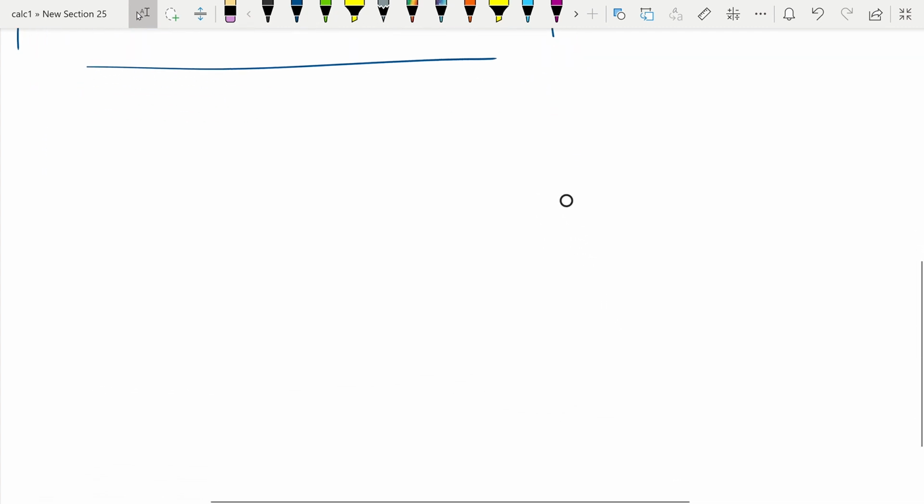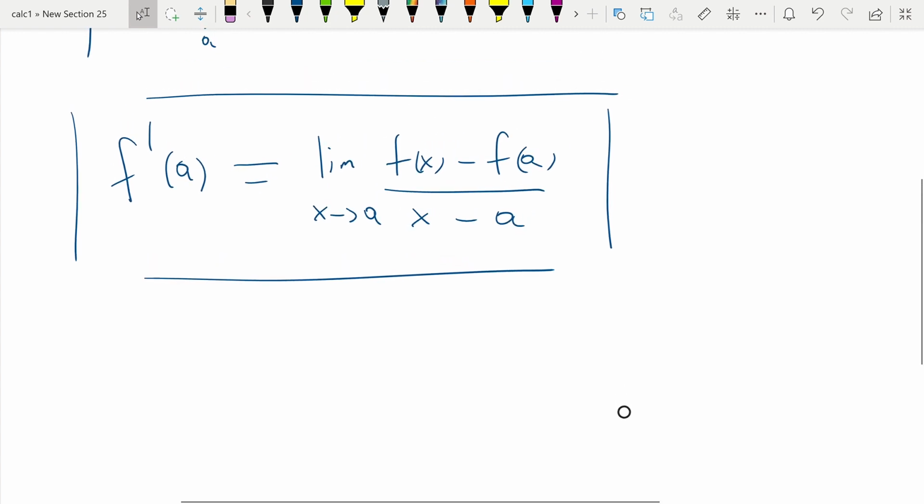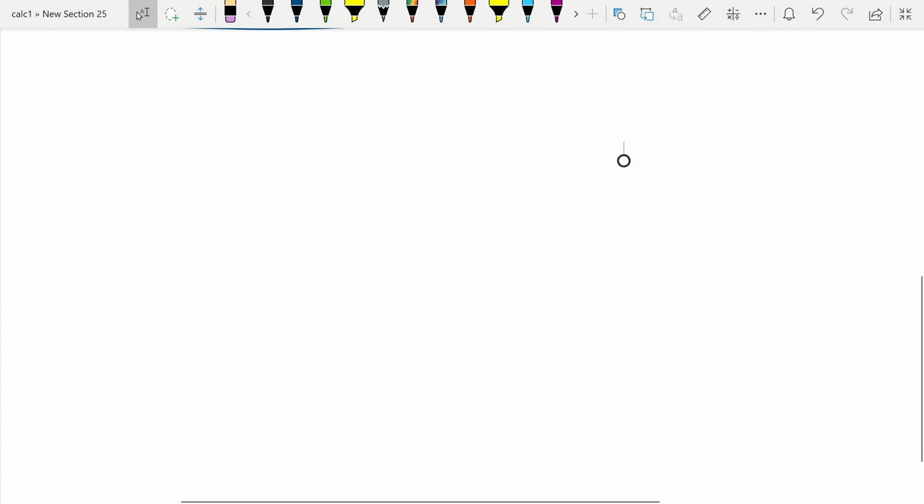Okay, so that's the problem with the derivative. If we try to just evaluate here, then we will get nonsense. 0 over 0 is not 1, is not 0, is not anything. And we'll see with some examples how to actually compute the derivative at a point.